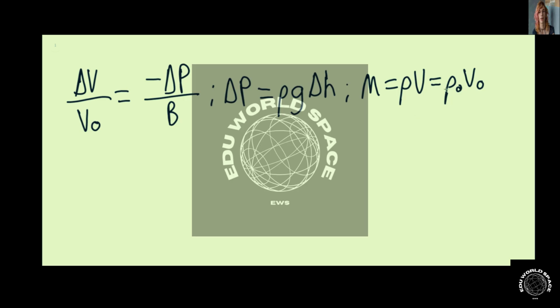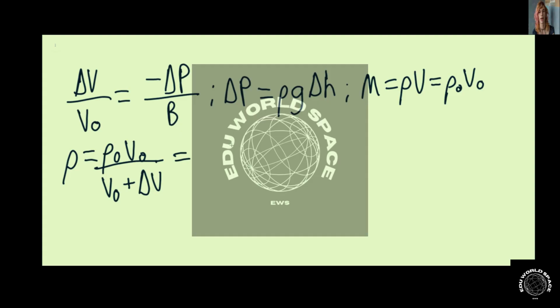So using this relationship, we can say that the density at that particular depth is going to be equal to the density at the surface times the volume at the surface divided by the volume at the surface plus the change in volume as you descended down 5.4 kilometers.